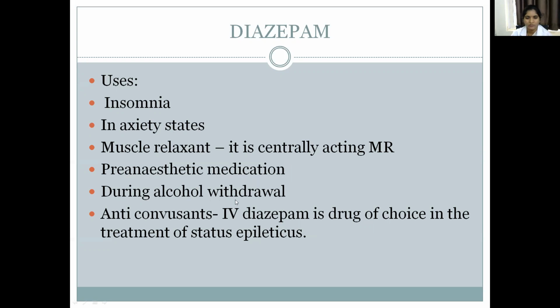During alcohol withdrawal symptoms it is also used, to reduce stress and anxiety; we have to give diazepam. And as an anticonvulsant, IV diazepam is the drug of choice in the treatment of status epilepticus.